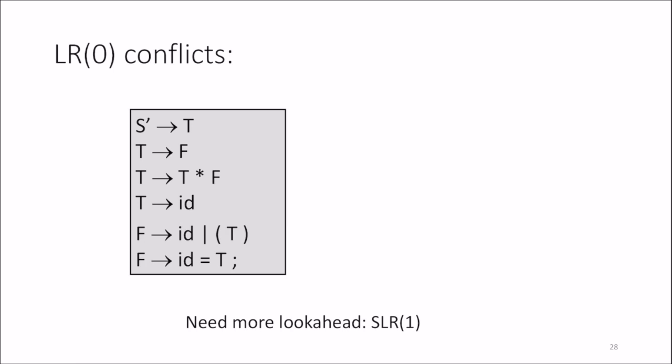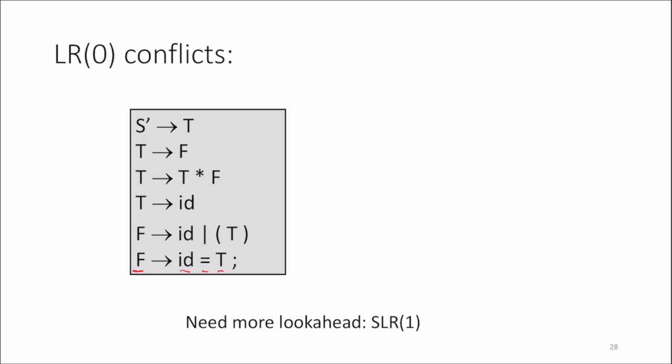So let's take this example. It's a grammar that has similar things like multiplication and parentheses. I've just added a new rule here, which is F goes to ID equals T. It's sort of like a variable assignment, when you have X equals 2 or something like that in a programming language.